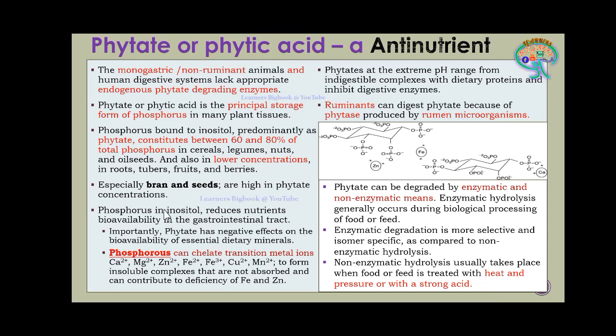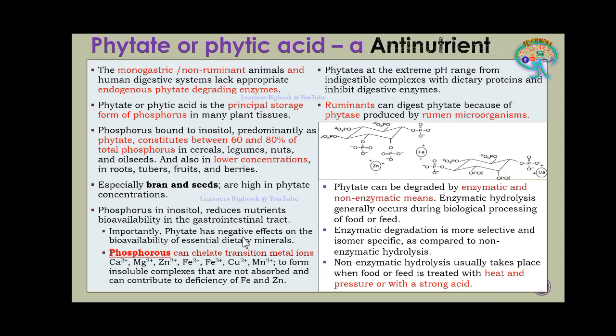Now here further, the phosphorus is what is going to make the phytate an anti-nutrient. First, it cannot be broken down, so it is going to remain intact in its structure, along with whatever phosphorus is present in it.